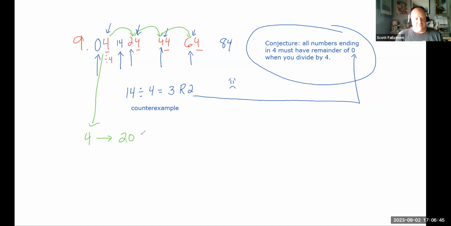So I would maybe write this second one as 20 plus 4. Okay. And what I get to see right now is 20 is perfectly divisible by 4, right? It goes in 5 times, no remainder. And 4 is perfectly divisible by 4, goes in 1 time with no remainder. So this number, 20 plus 4, will have no remainder.